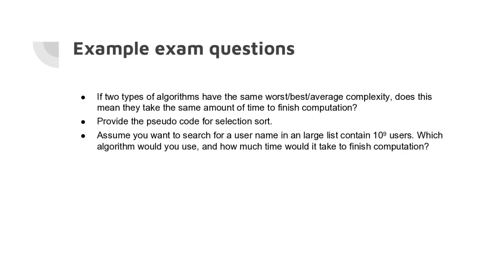And then the third question: assume you want to search for a username in a large list containing about 1 billion users. Which algorithm would you use and how much time would it take to finish computation? So again, I'm waiting for the chat, if anyone wants to know the answer.